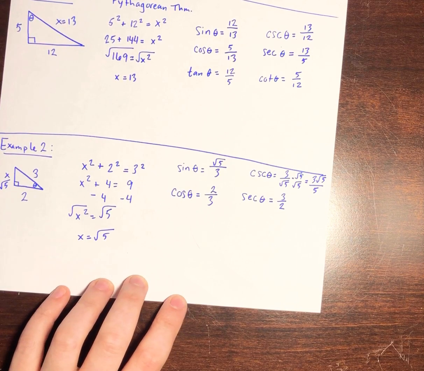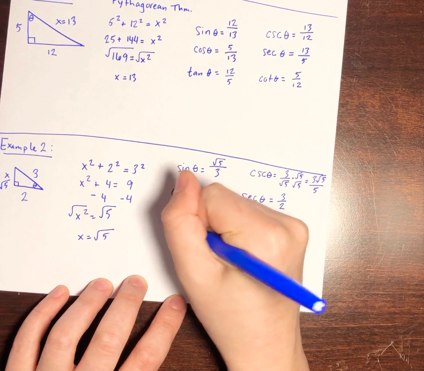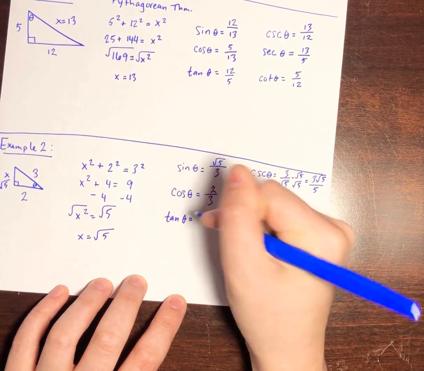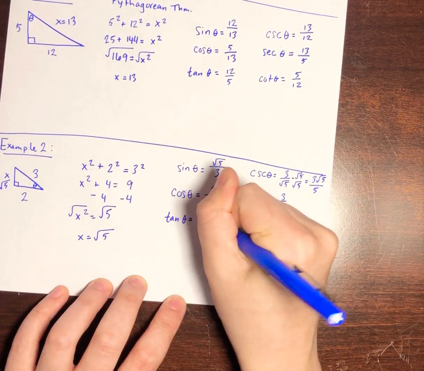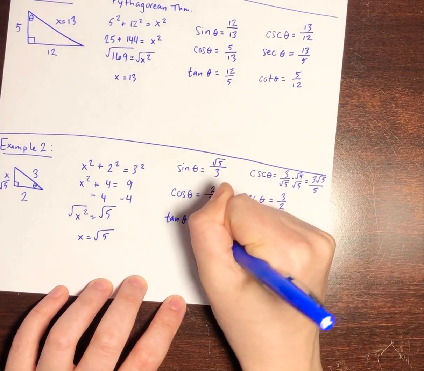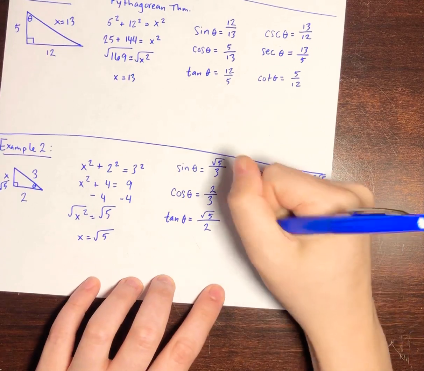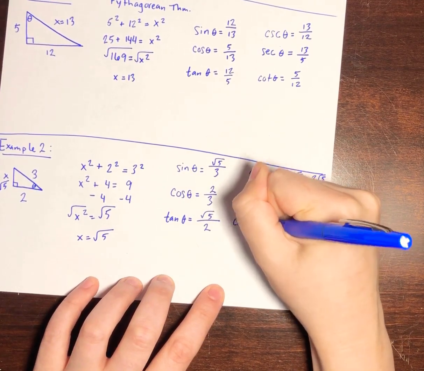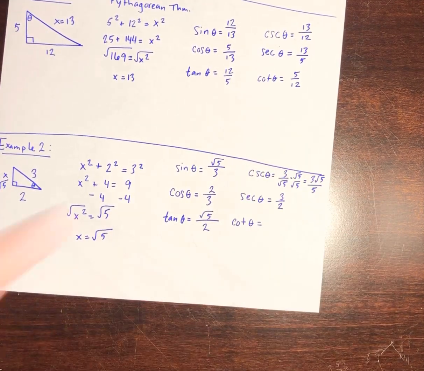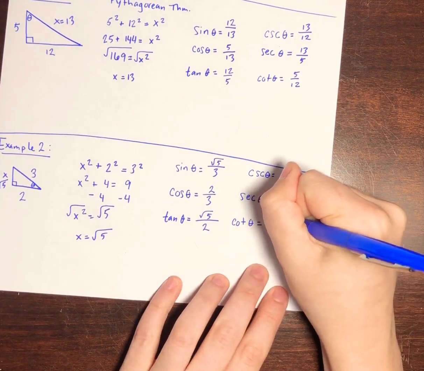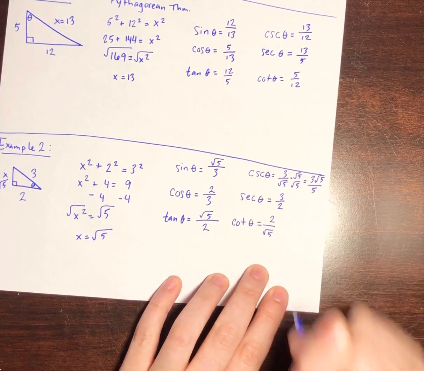That's my favorite part. Tangent, finally. Opposite, radical 5 over adjacent, 2. Radicals in the numerator, we don't have to rationalize it. And then we'll find our cotangent. Flip that fraction around. We get 2 over radical 5.